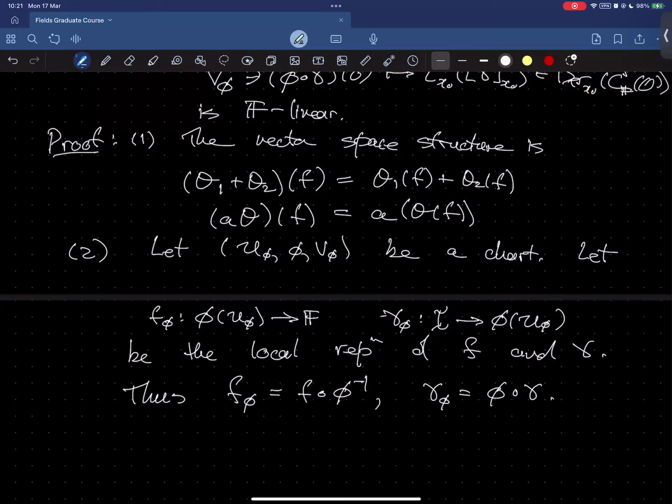There seems to be a piece missing from the local representatives, but those are just the identity map because I'm working with F and I.